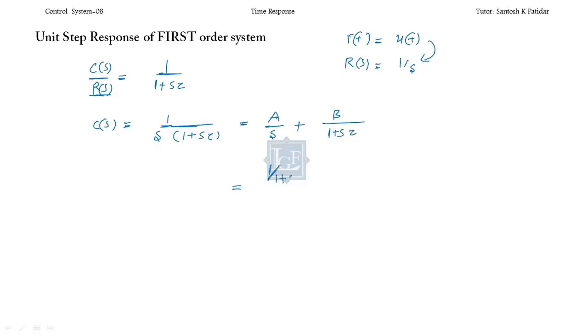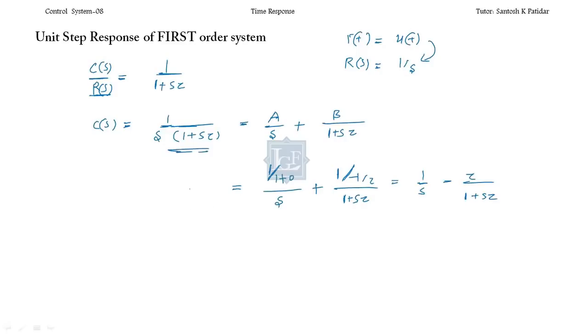So definitely you'll get 1. For B, it is 1 by s, where you put s equal to minus 1 by tau. So finally you get 1 by s minus tau divided by (1 plus s tau). Okay. So this is the partial fraction of this term. Correct?